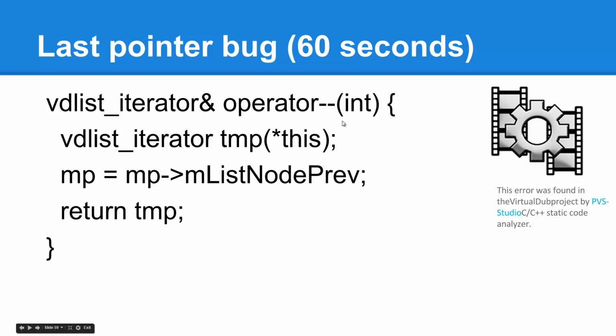So what's happening here is that this is obviously a function that is overloading the decrement operator. It tries to declare a temporary variable, and there may be some error, and this may have been intended to be tmp, but the bug here that's actually a vulnerability is that it is returning a reference to a local variable.